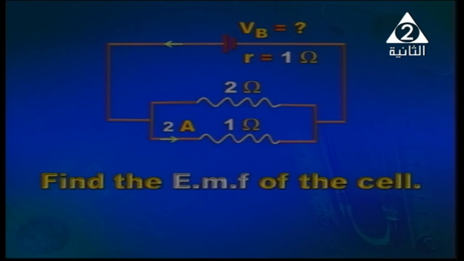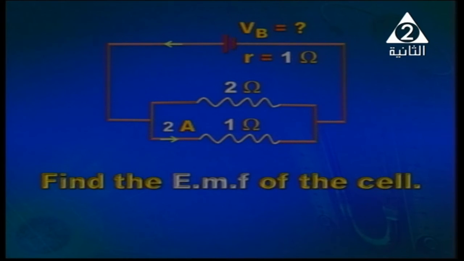Voltage across the 2 ohm will also be 2 volts. Knowing the voltage and the resistance, we can calculate the current. So the current through the 2 ohm resistor is 2 over 2, which is 1 ampere. 1 ampere plus 2 amperes will give the total current. Total current multiplied by the total resistance will give V battery.